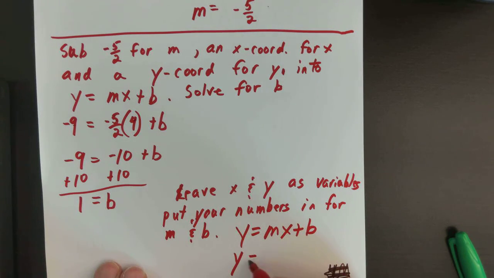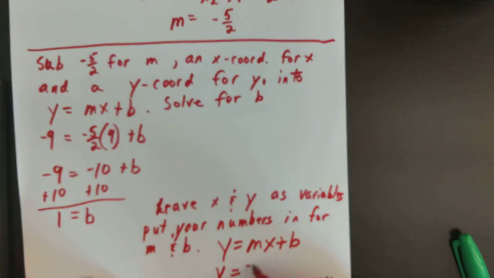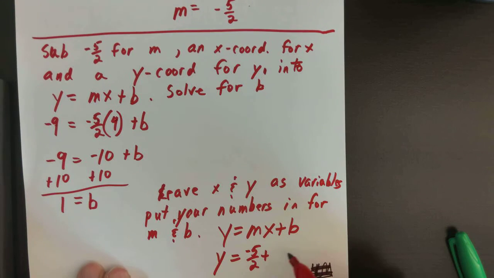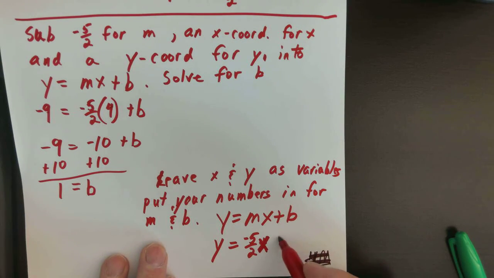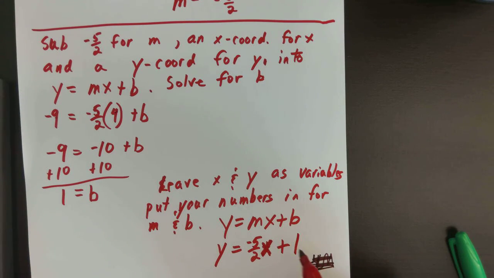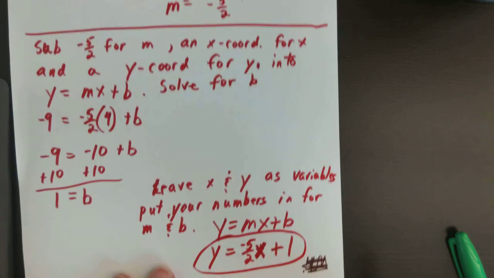Y stays as a variable. M we found up here is -5/2 plus x. Don't forget the x stays as a variable. I forgot. You're not allowed. And then plus 1. Y equals -5/2 x plus 1 is the equation of the line that passes through those 2 points.